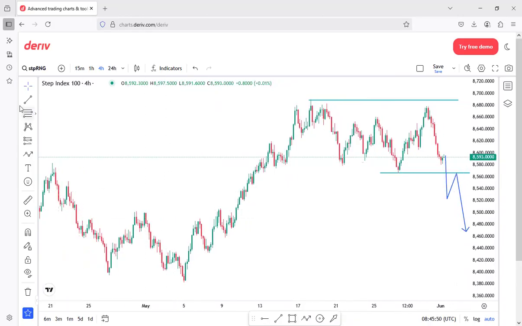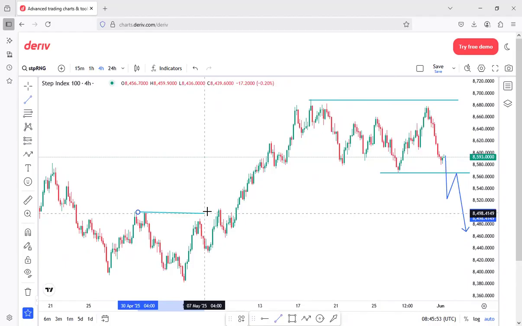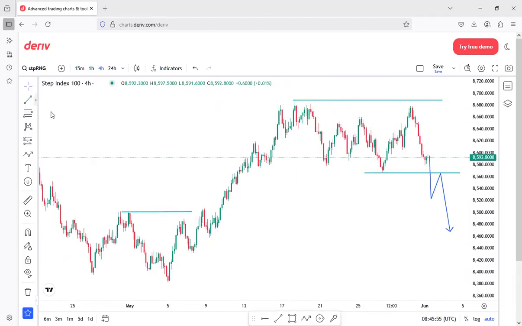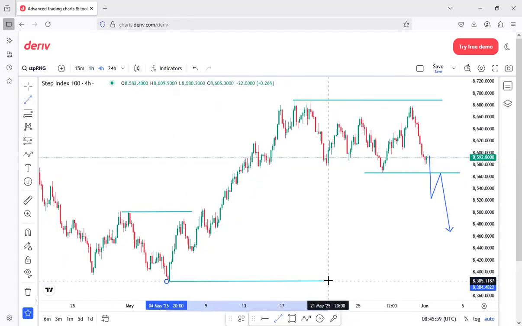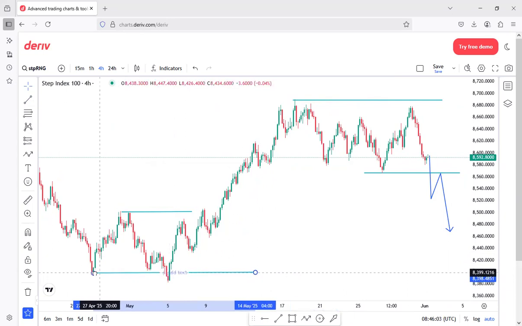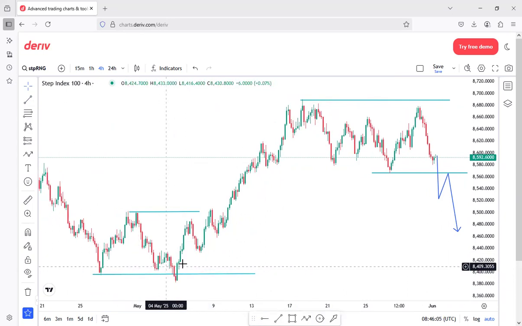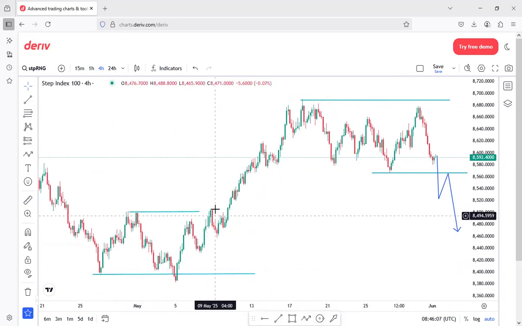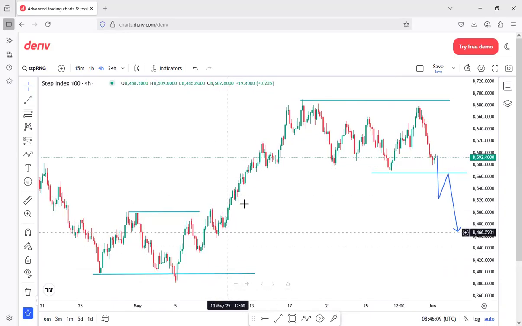Okay, this is the highest level here. Price created an equal low here, and pushed up to break out of this high by this momentum move.